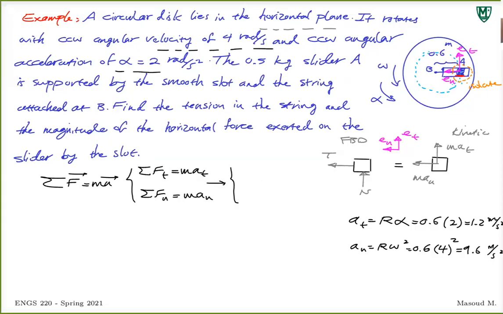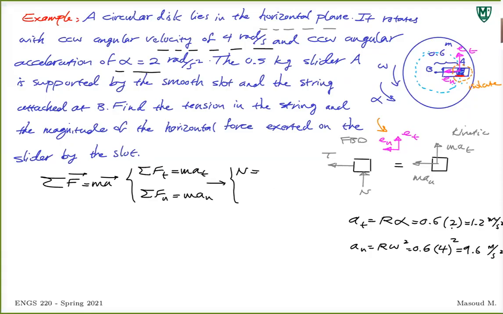Look at the coordinate system we put here. Don't get confused about positive and negative, please. So tangent is upward, your N is upward, so it's positive, and it is equal to MAT. We always put MAT and MAN in the positive direction.